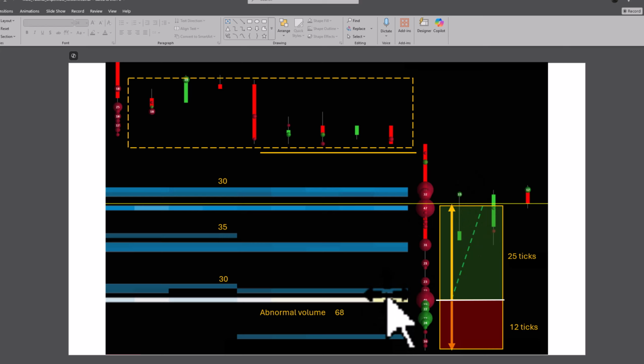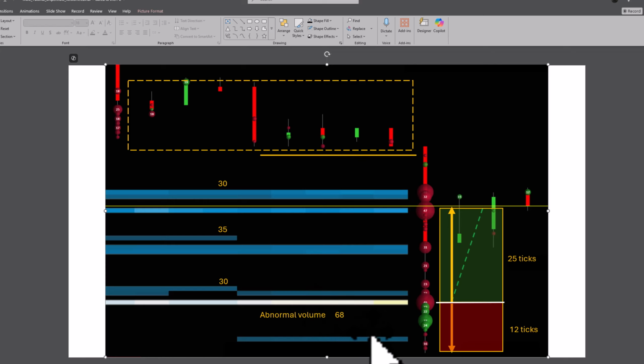The longer this range, the much less risky it is if you start your long below this white line, volume 68, abnormal for that time and for that session. Okay, so boom, you can put it below. You don't have to put it above.